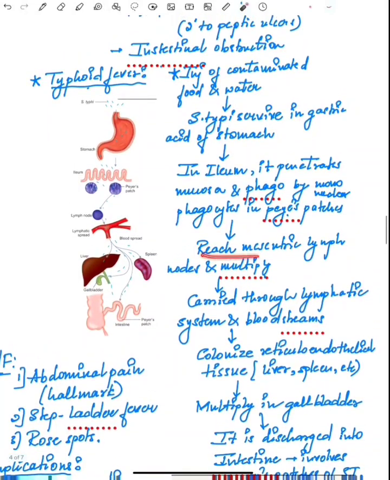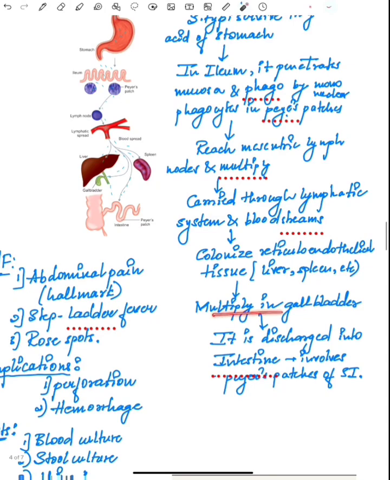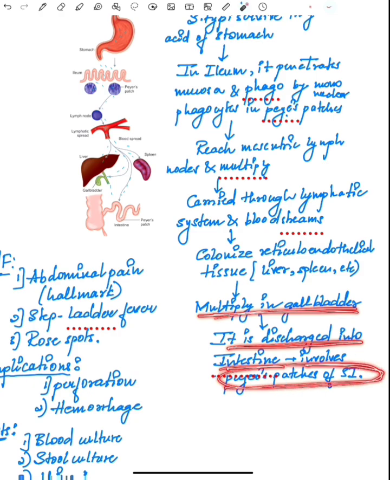Then it reaches mesenteric lymph nodes and multiplies. Then it is carried throughout the lymphatic system and blood stream. Then it colonizes reticuloendothelial tissues like spleen, liver, etc. There it multiplies in the gallbladder. It is discharged into the intestine where it involves Peyer's patches of the small intestine.